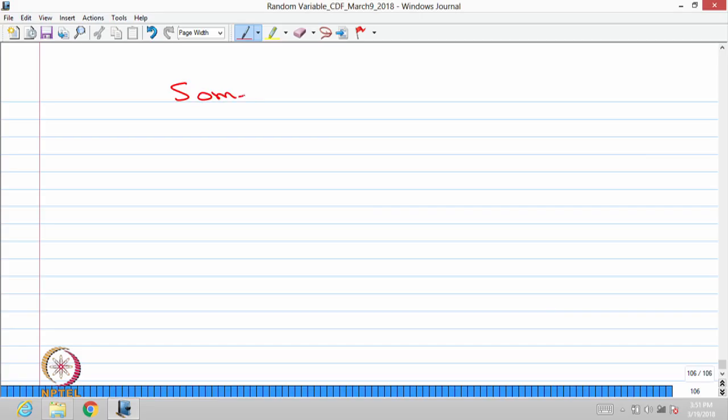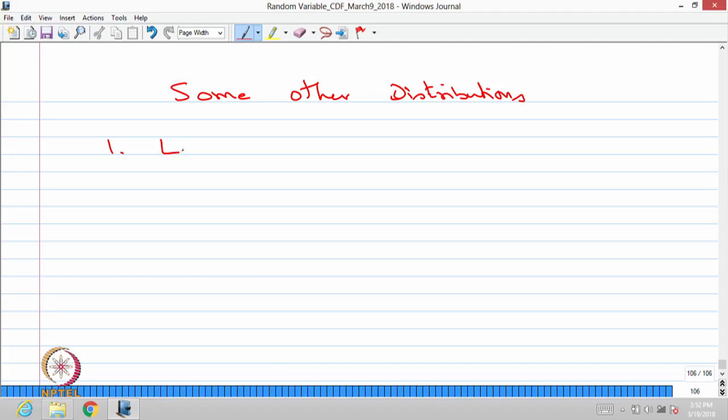Some other distributions. The first one, which I am not going to discuss in detail, I am just going to give the name: the log normal distribution.